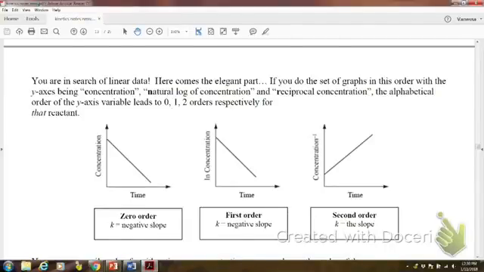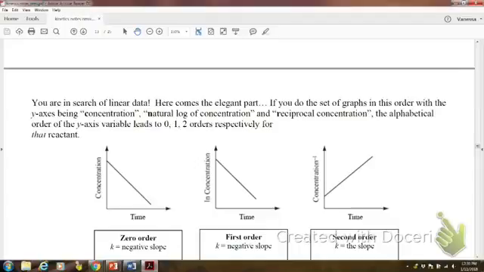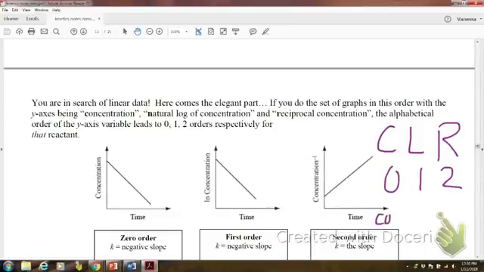And if you do that, let me write this. So CLR will be 0, 1, 2, and that will correlate with concentration for C, natural log for first order, and then the R would be reciprocal. And I'm running out of room.